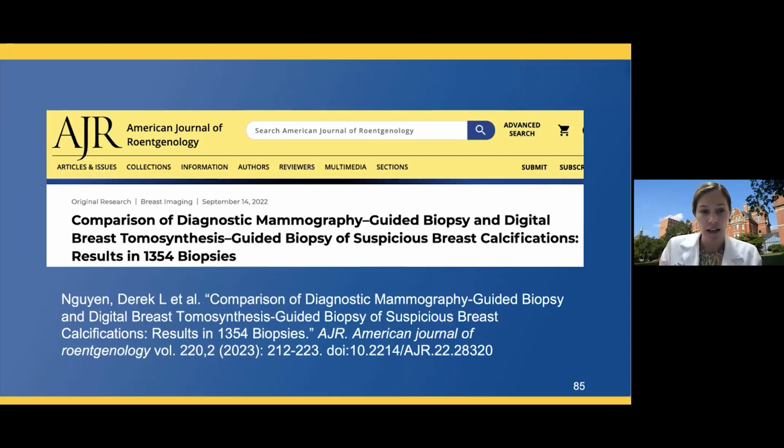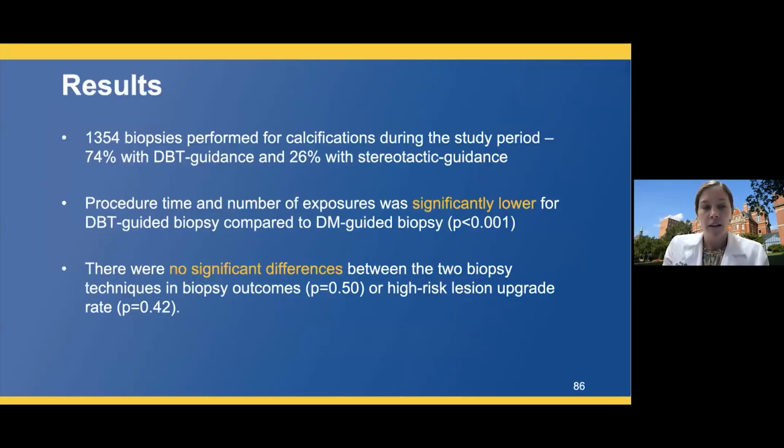We included over 1,300 biopsies in the research study. We found that we performed almost 3/4 of our biopsies using tomosynthesis guidance and only about a quarter with stereotactic only guidance. And I think that really speaks to our radiologists being very comfortable using tomosynthesis guidance and feeling like it was working well for them.